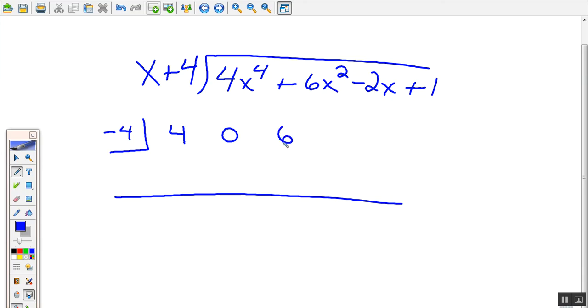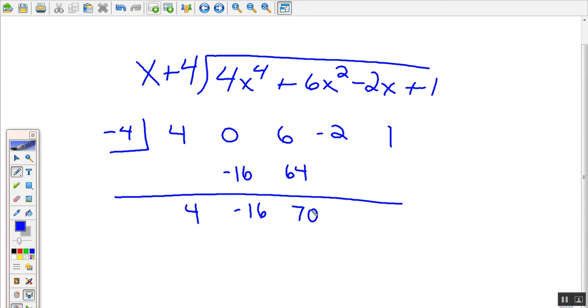Okay. 6, -2, 1. All right. Anybody want to tell me what to do? 4 down, 4 times -4, which is -16 under 0. Add that together, it's still -16. Times that by -4 is +64. Add those together is 70.